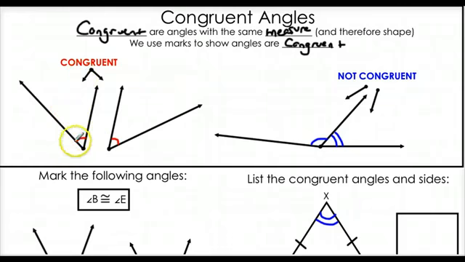If you look, these have these little marks that tell us that these two angles are congruent. So if this was 60 degrees, this would be congruent, or the same measure, and also have 60 degrees. These two don't have the same number of marks. This has 2, this has 1, so they are not congruent. So this would be like 60 degrees, and this would be like 30 degrees.